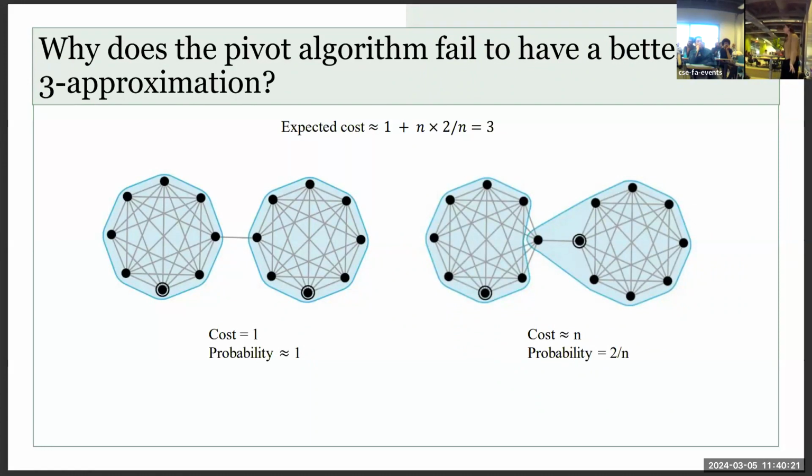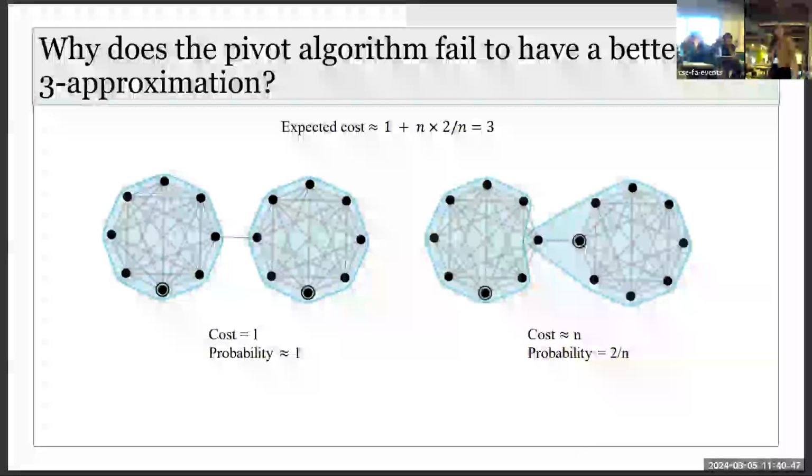However, the pivot algorithm might sometimes pick one of the endpoints of the edge between these two complete graphs, and then we pay a cost of n because we have to pay for all the non-edges in the clusters, and also the edges between two clusters.